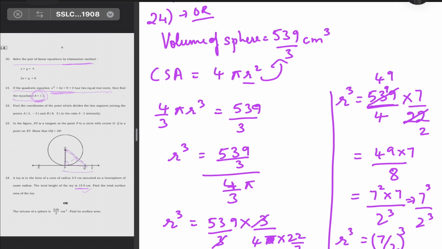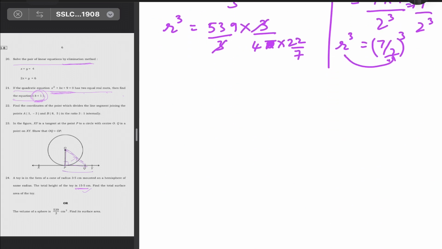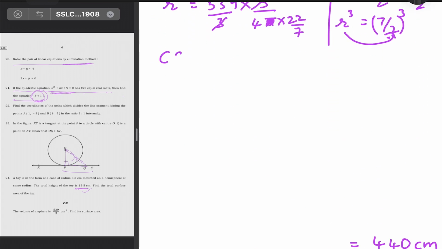Now we can substitute the value of r to find out the curved surface area of the sphere. So what is the formula for curved surface area of the sphere? It is 4 pi r square, that is equal to 4 into 22 by 7 into r value is 7 by 2 into 7 by 2.